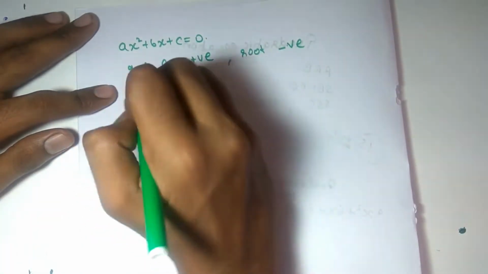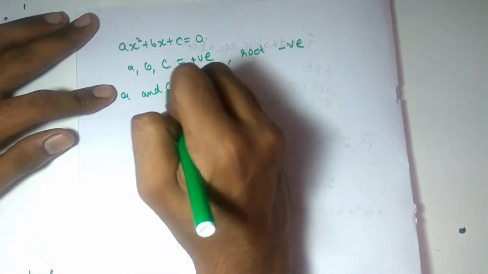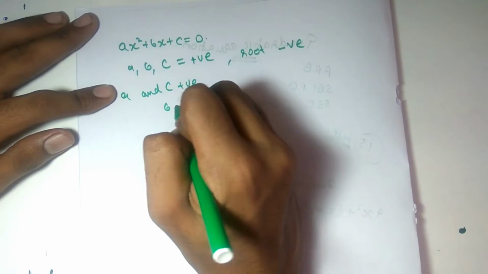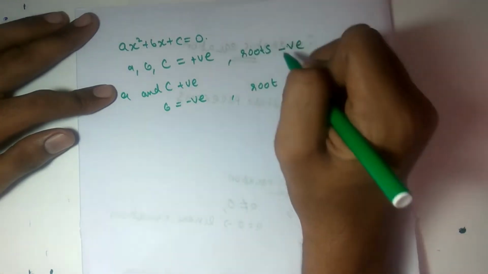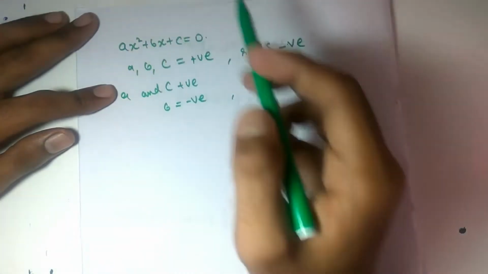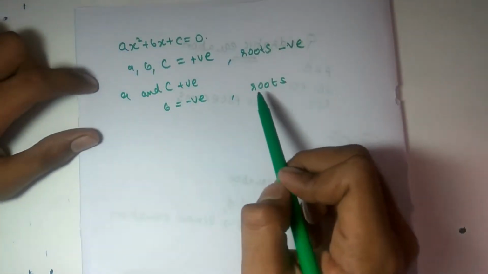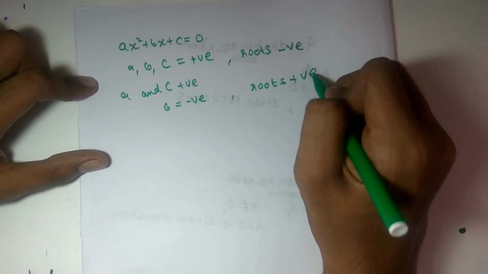Now, in the second case, when a and c are positive and b is negative, then the roots would always be positive. We have to say roots because a quadratic equation has two roots.